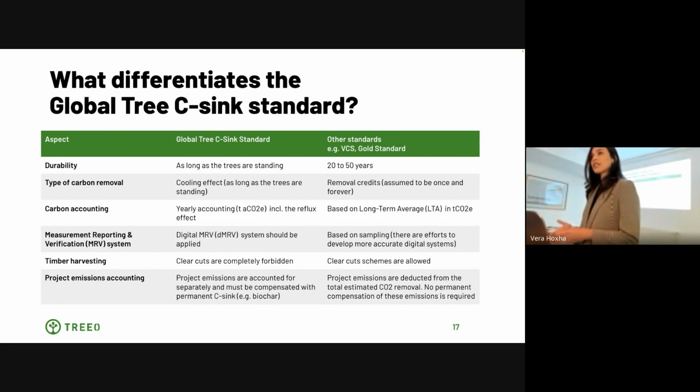While for the other standards, when we do the design from the beginning, we deduct what is estimated to happen as emissions from land clearing or from using fertilizers or pesticides. But there is no clear mandatory requirement to compensate them later. So yeah, those are the main differences that we see.